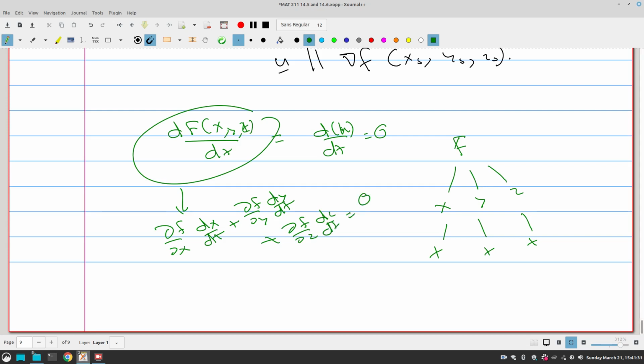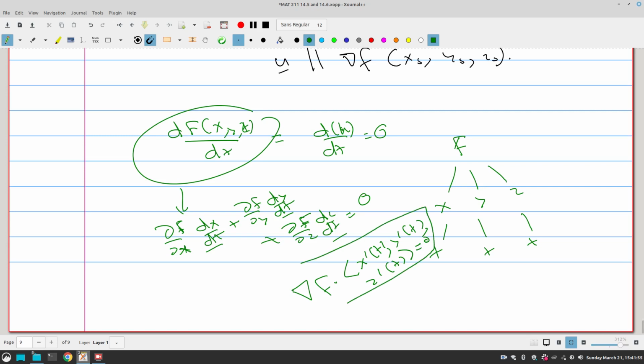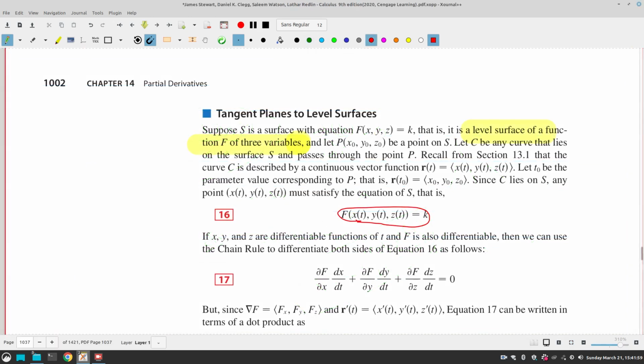Now notice something here. Partial f over partial x, partial f over partial y, partial f over partial z. These are the components of del f. And these guys are basically the vector x prime t, y prime t, z prime t. And the dot product of these 3 guys is 0.